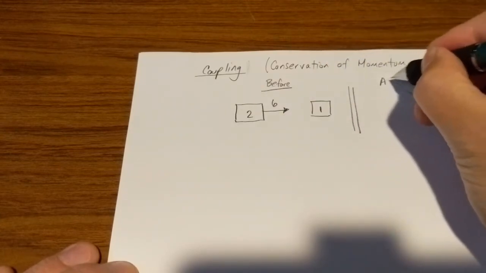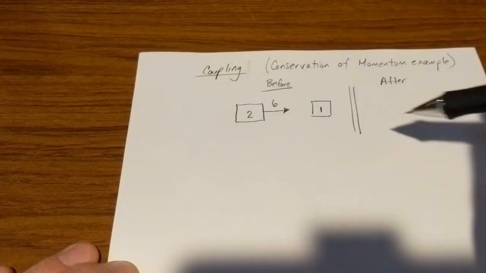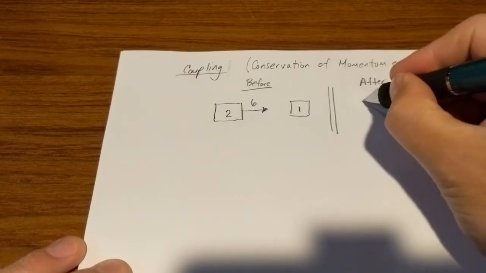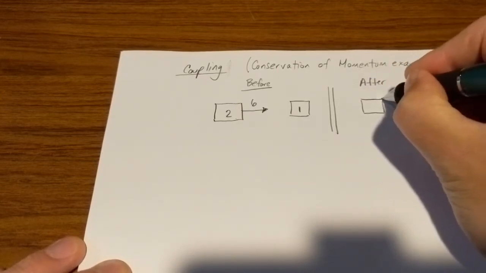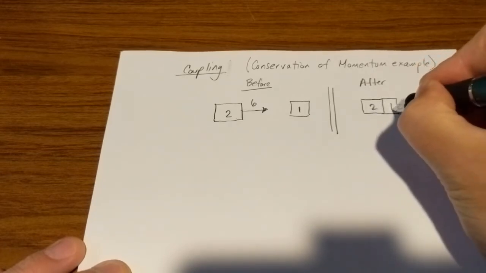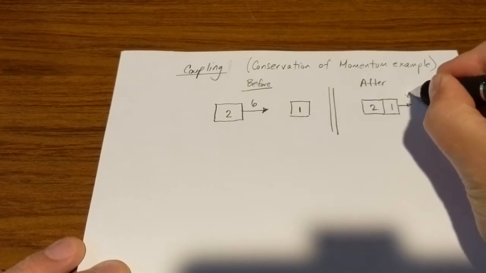In the after state, for this to be a coupling, which means that these two masses will stick together in the end, they will end up moving together with the same velocity as each other as a combined mass of 2 and 1. And our question here would be, what is their final speed?